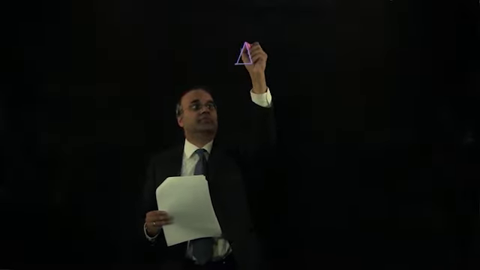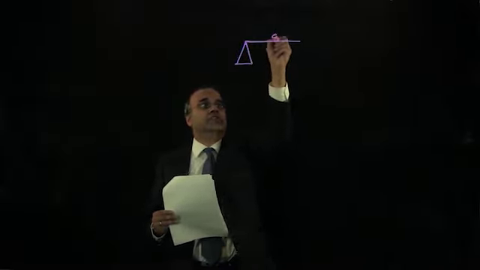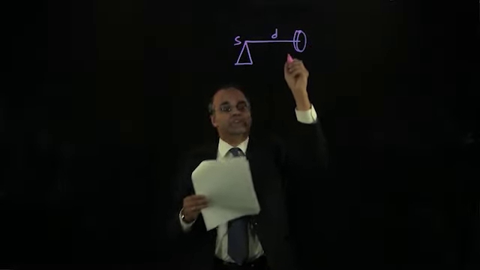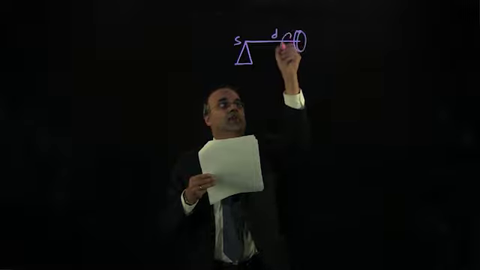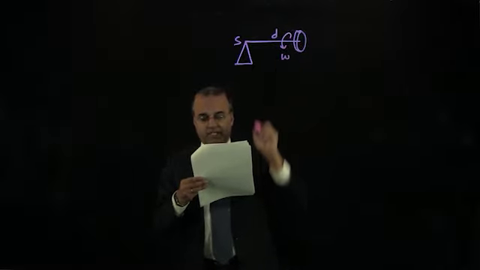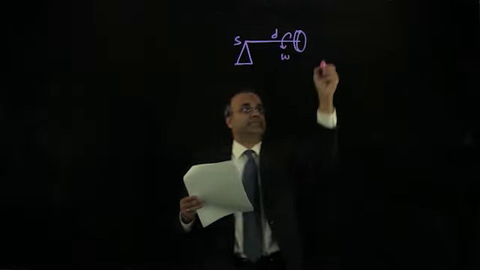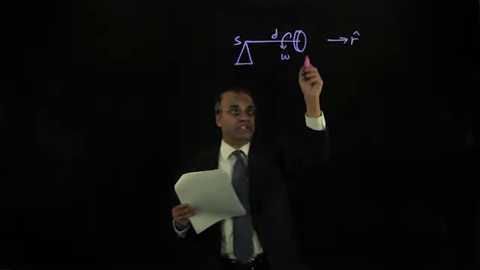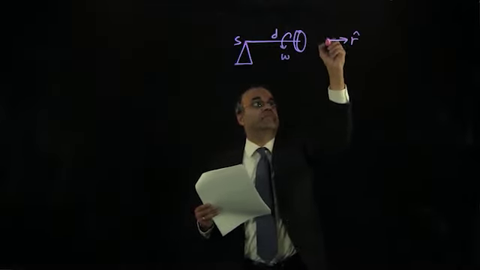Now, there's an interesting point about our horizontal gyroscope that I'd like to point out. So here's my rod of length d. This is my point S. Here's my wheel that's rotating with some angular velocity. And again, there's the r hat direction. That's the direction that little omega vector is pointing in.